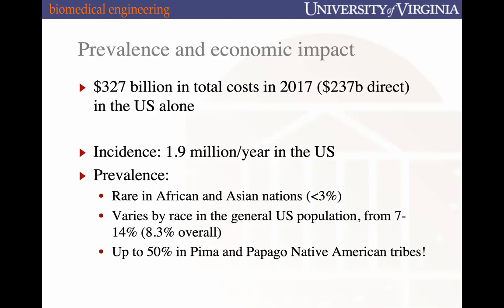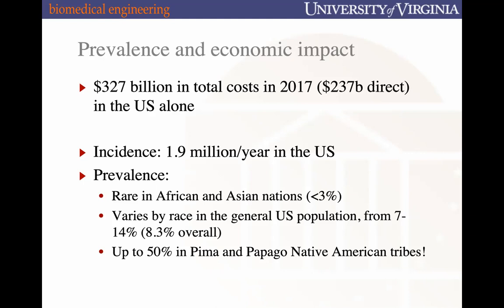So the prevalence rate: this has usually been rare in African and Asian nations, and that can usually be attributed to the diet present within a lot of these nations. But what's been unfortunate is that as what we dub the Western diet has emerged in a lot of Asian and African nations, as evidenced by more KFCs and McDonald's in a lot of these countries, the rate of increase of diabetes in these nations is actually highest because of the Western diets that have been adopted there.